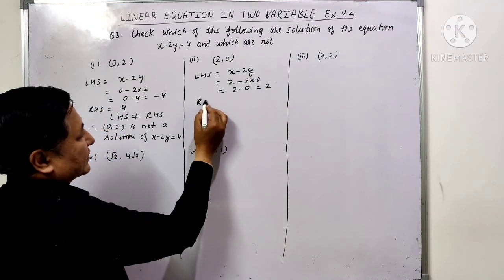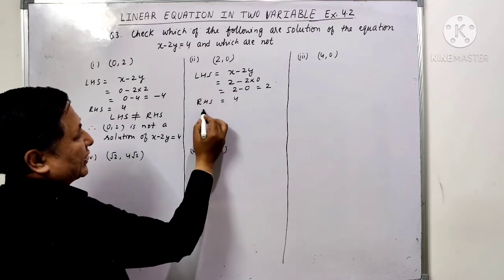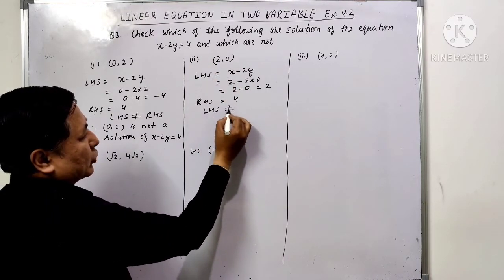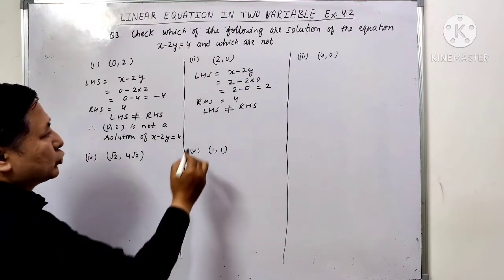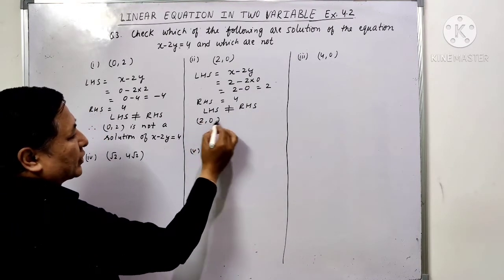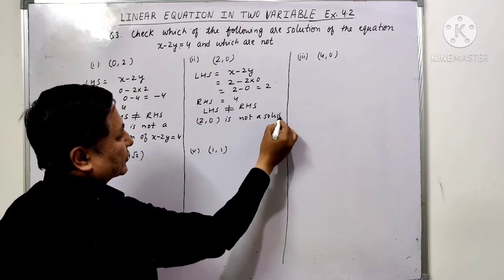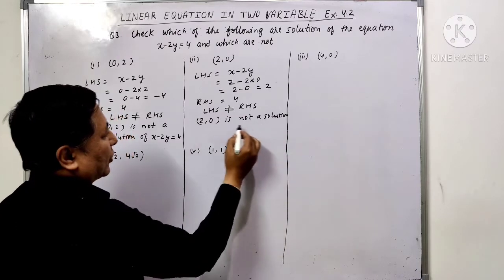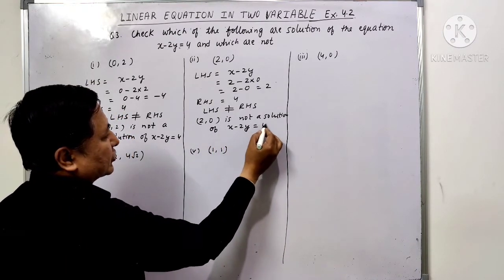And what is our right hand side? The right hand side is 4. So again LHS is not equal to RHS. Therefore we can say that (2, 0) is not a solution of x minus 2y equals 4.